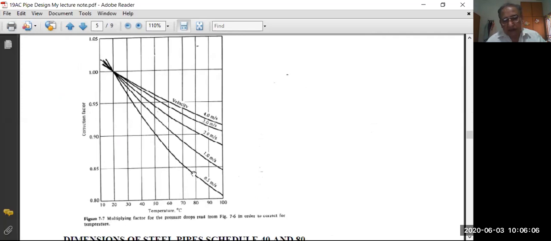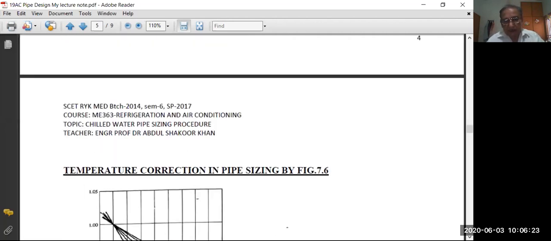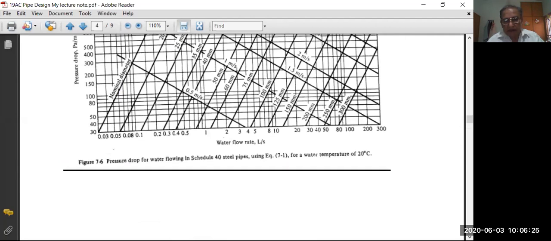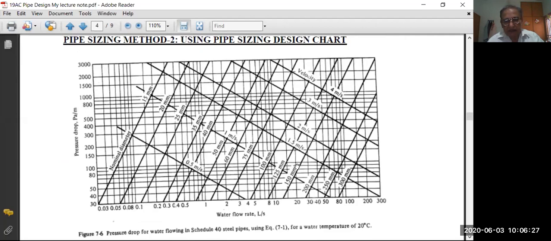Different velocities are given here, and you use the curve depending on temperature. For example, at 40 degrees and a velocity of 1 meter per second, you use 0.95 as the correction factor for the pressure drop from this chart. So we apply the correction factor from this chart with the help of another chart.